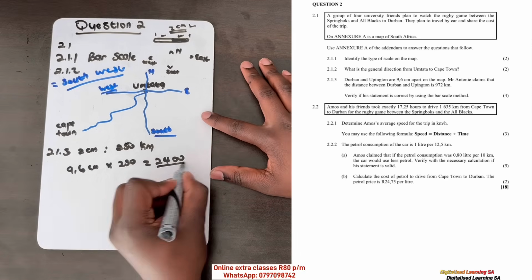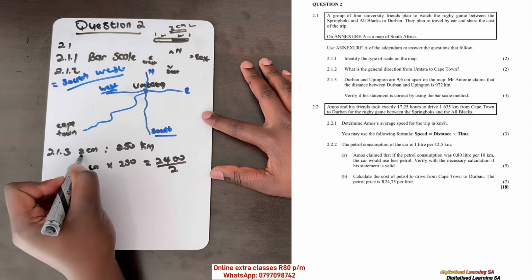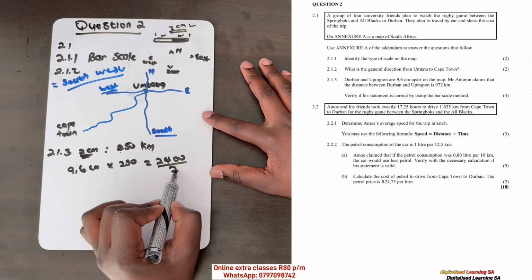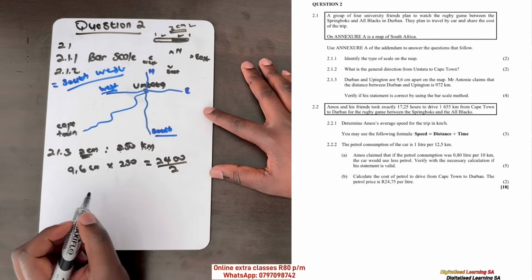And remember, we need to divide by 2, because 2 centimeters equals 250 kilometers.